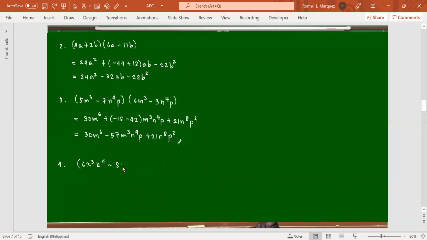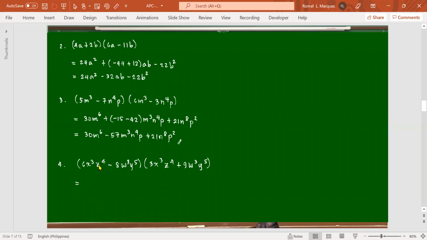W. Let's have W. W cubed y to the fifth times 3x cubed z to the fourth plus 9 w cubed y to the fifth. Term-wise, are they similar binomials, guys? Yes, na? May pattern sa letters, no? So, we can apply what?